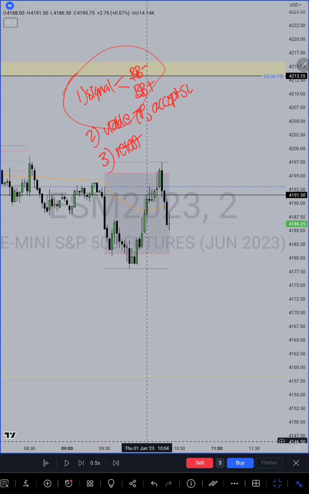Firstly, do I have a signal? Is the price telling me that we're trying to form something here so the price can deliver to somewhere? I don't even know where that somewhere is. Number two is a viable profit zone. If this setup does form, can I easily take some off the table there and maybe let it run?